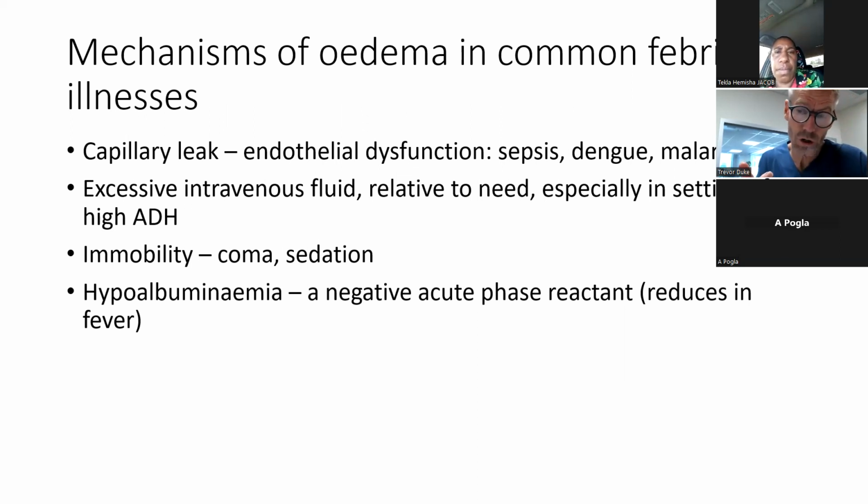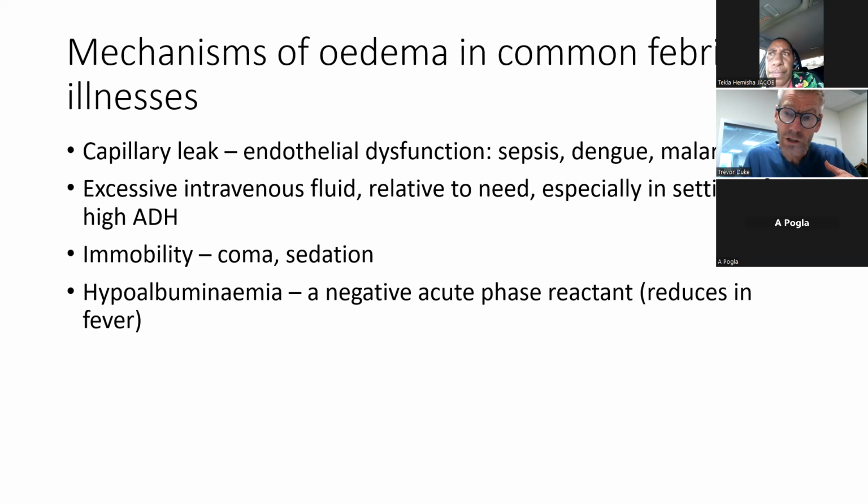We see that more commonly, of course, in children who have malnutrition, severe acute malnutrition or chronic malnutrition, where their albumin level is very low because of undernutrition and protein loss, and they will often be edematous. That's what you see in kwashiorkor.